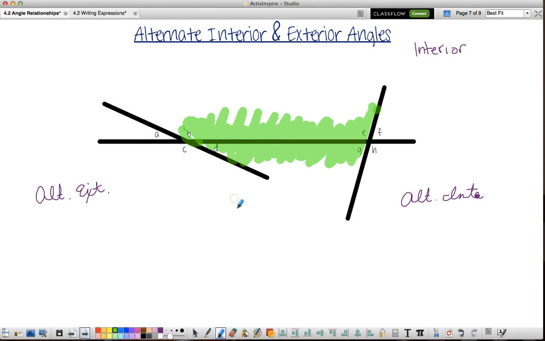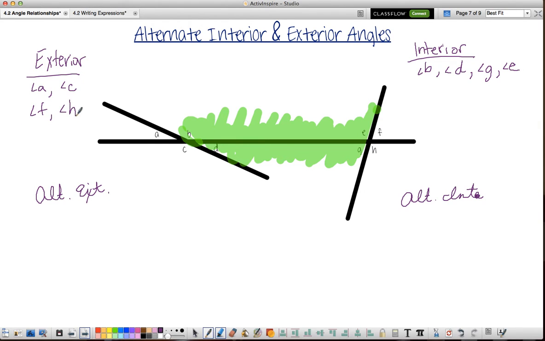So the angles that are inside, where all of that green is, are going to be angle B, angle D, angle G, and angle E. That leaves for exterior the ones on the outside. So angle A, angle C, angle F, and angle H.